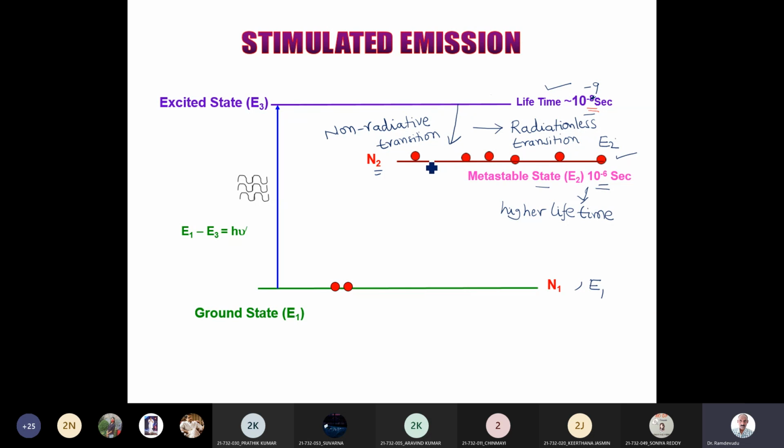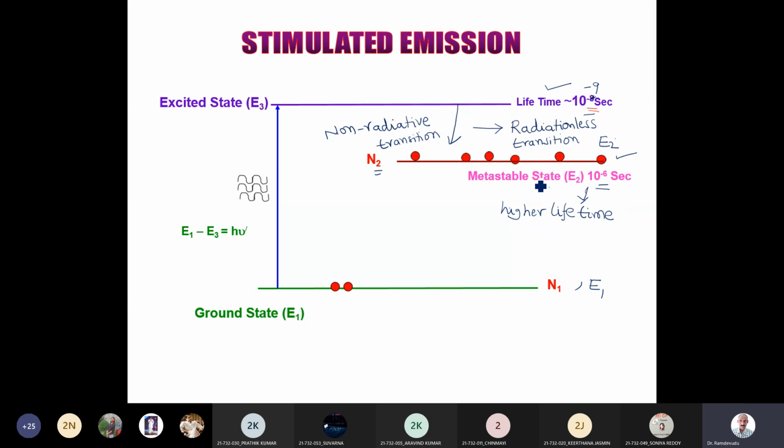If this state is not there, then they'll quickly fall to the ground state. But if you provide some energy states having longer lifetime, which we call metastable states, the atoms will stay here. More of the atoms will be staying here.